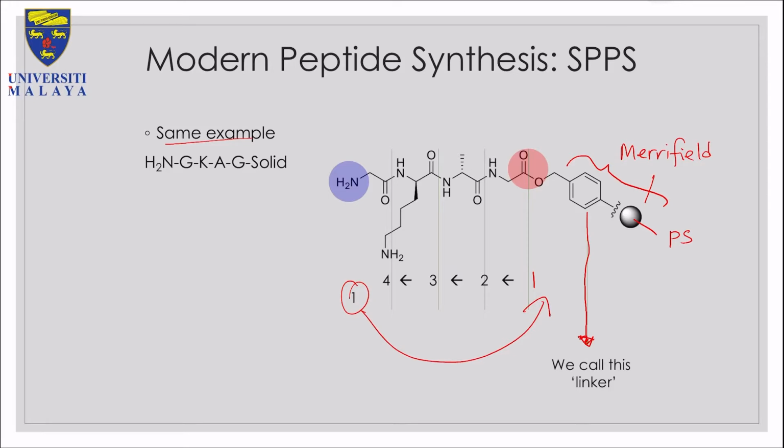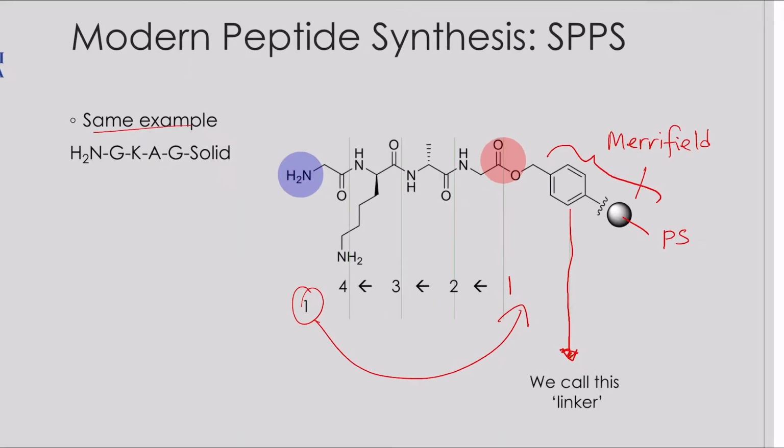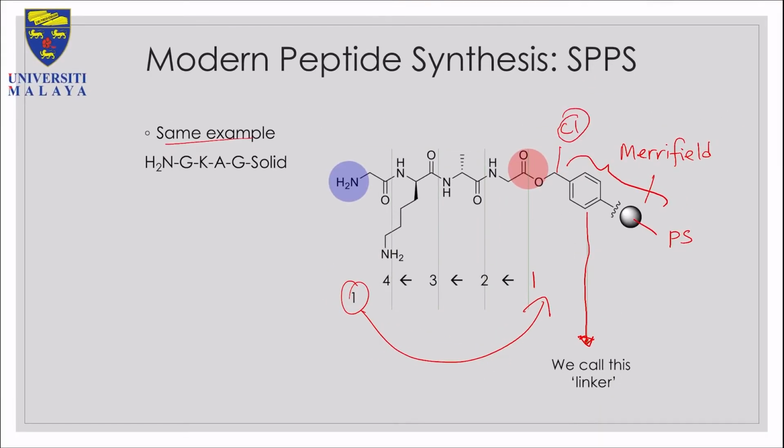Originally, if you remember, it's a chloride over there. So you can now use the chloride as a leaving group and form an ester bond for your first amino acid, and then you can grow it from C to N.